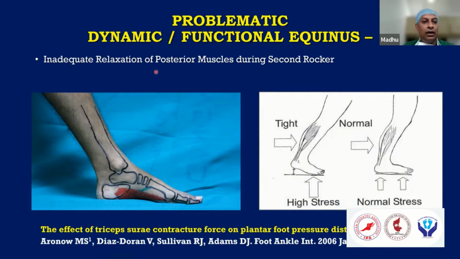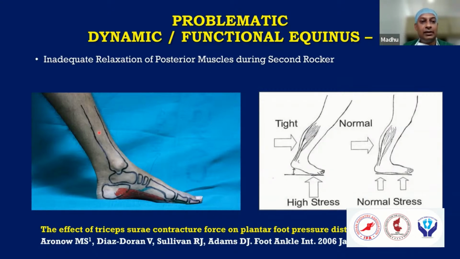So as you know, when the ankle moves, that is during the first tibial rocker or the tibial rocker mechanism, the leg moves across the foot, across the fixed foot. The foot moves from a position of plantar flexion to dorsiflexion. This occurs passively because of the movement of the center of gravity and momentum of the body. This is not an active movement.